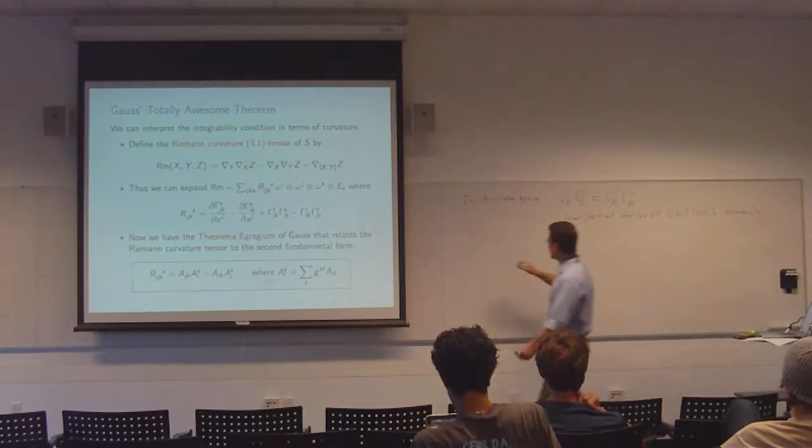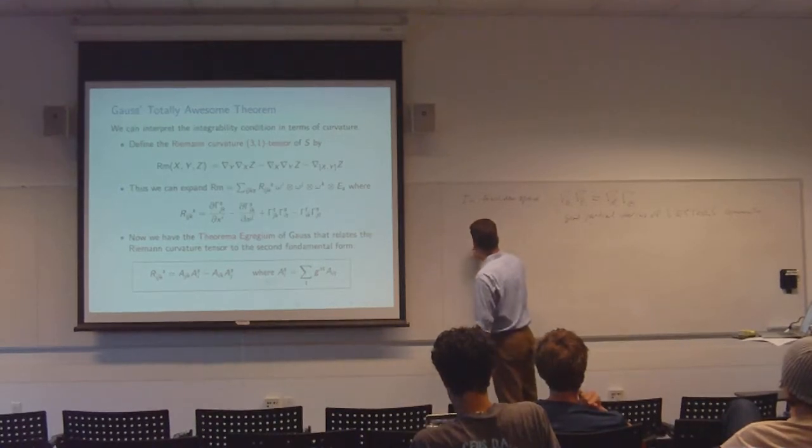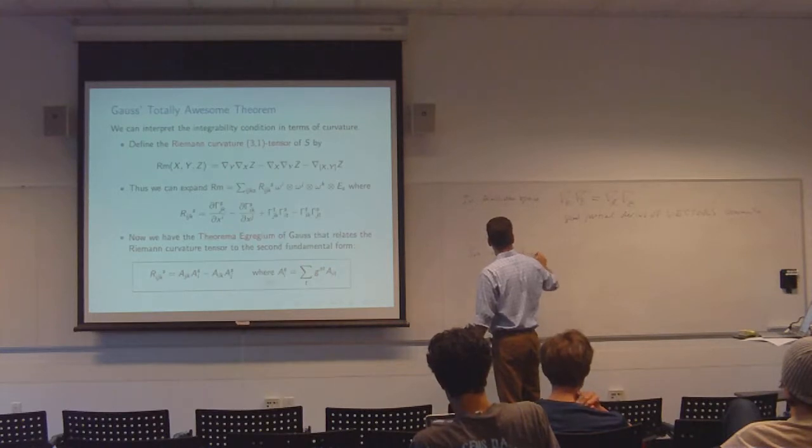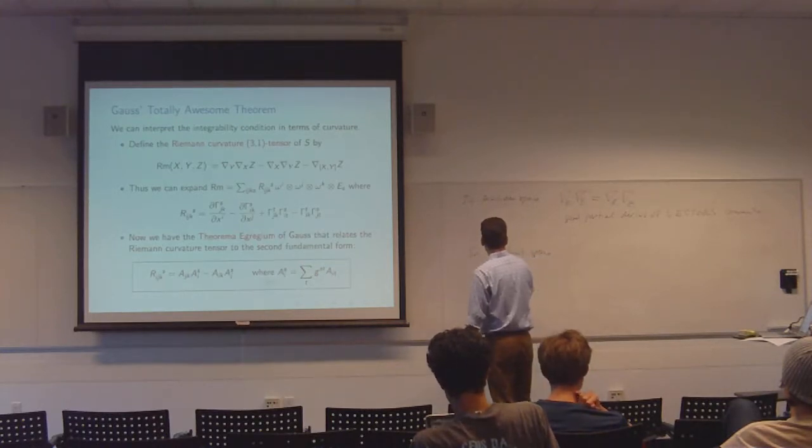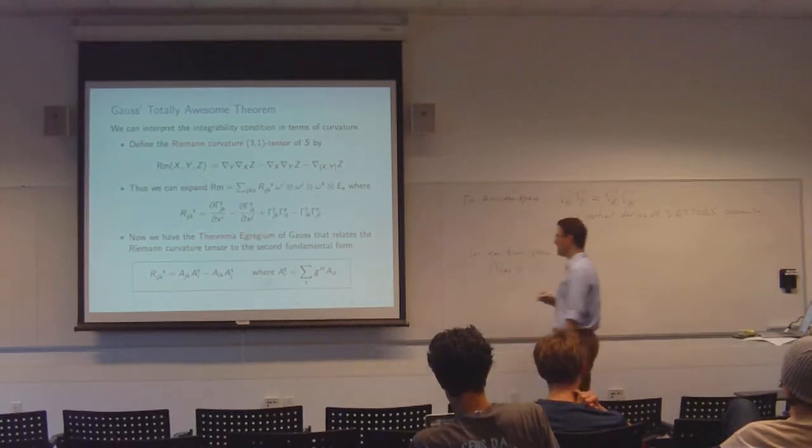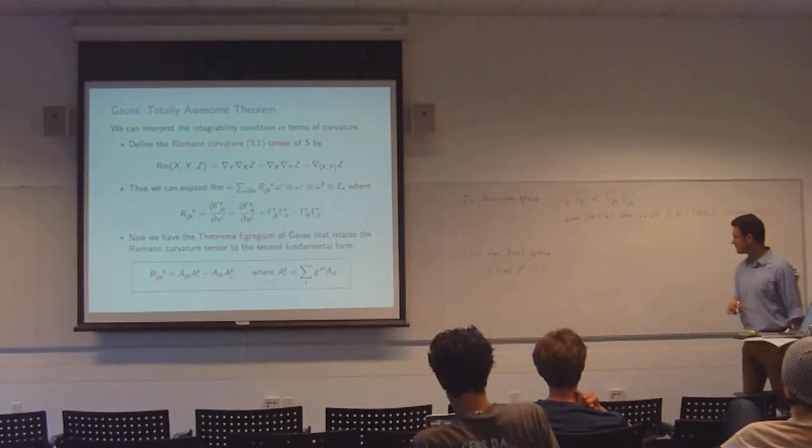And so what this Riemann curvature tensor is supposed to do, in non-Euclidean space, and the definition in this case of a non-Euclidean space is that the Riemann curvature tensor is not identically equal to 0.